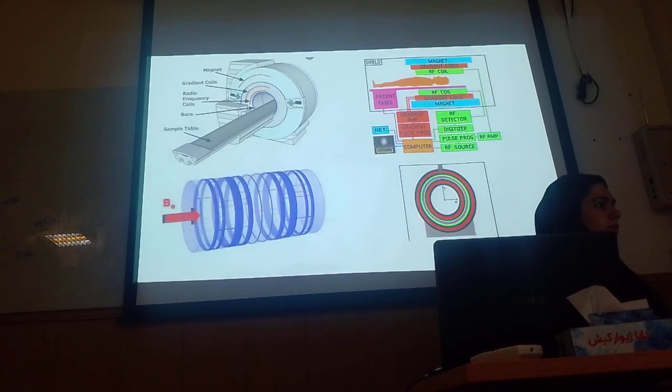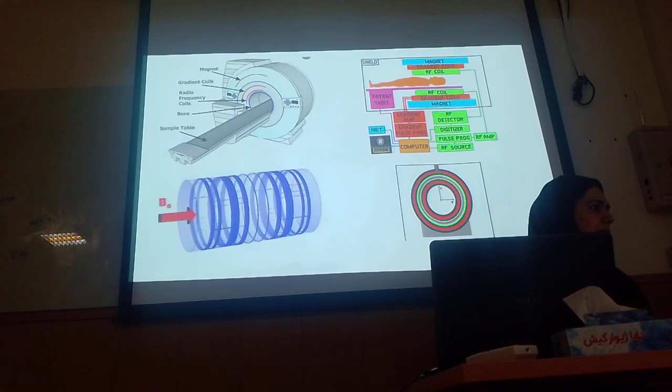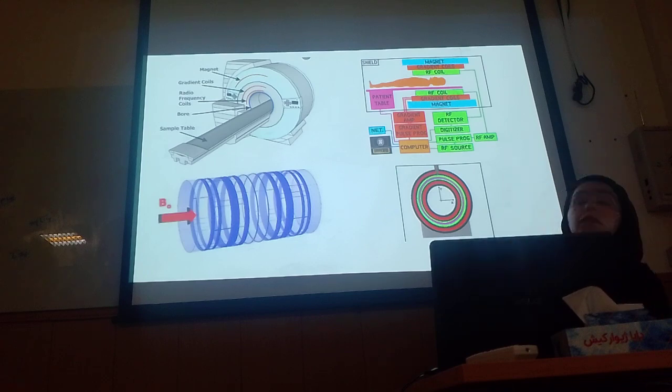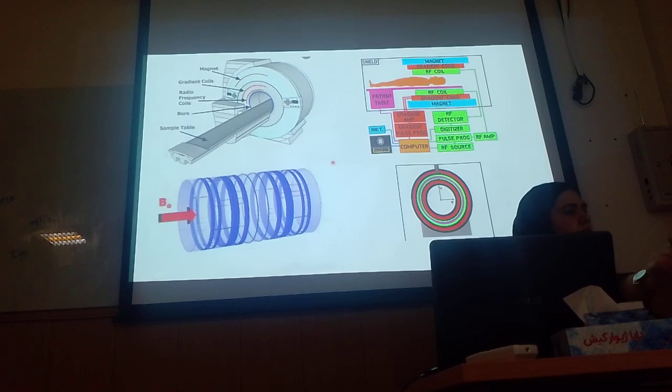What is this? An MRI machine. This is the table. This is the gantry. There are many instrumental compartments of MRI.